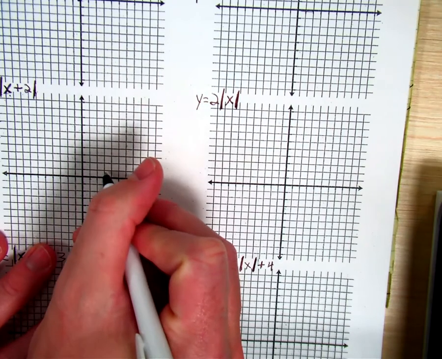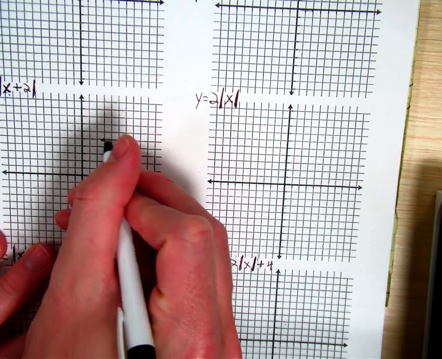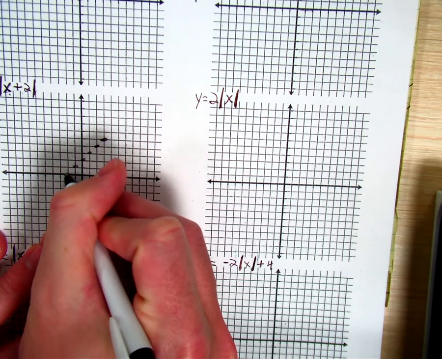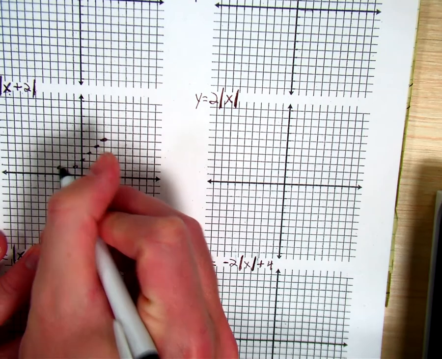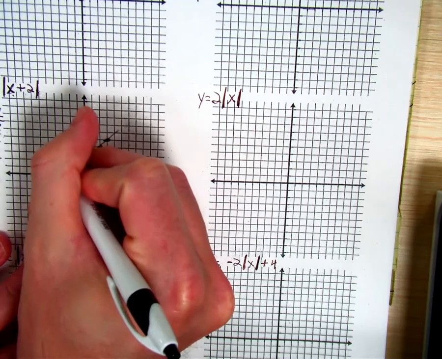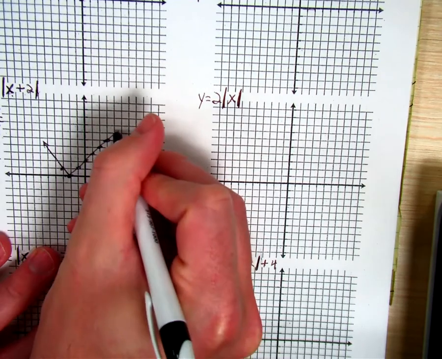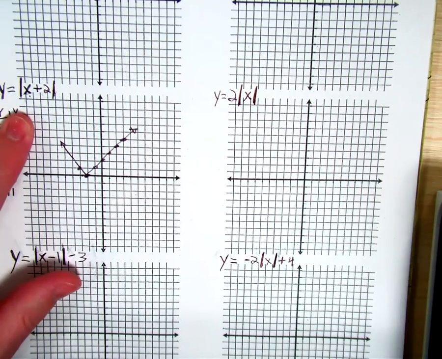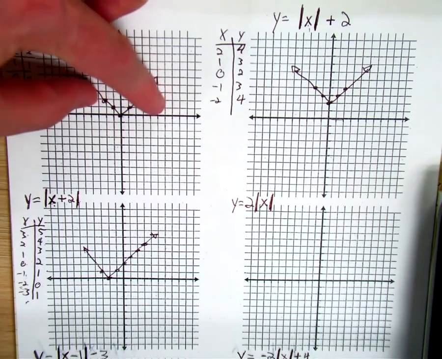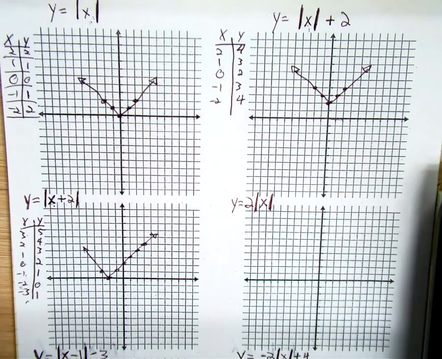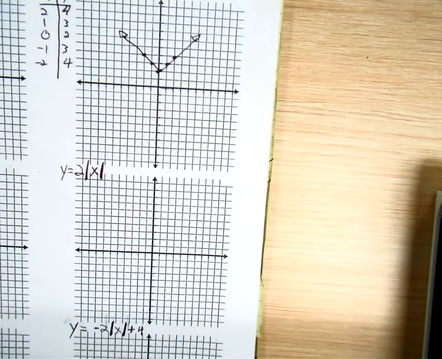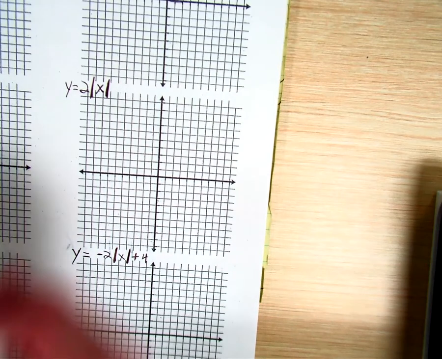So 3, 5, then 4, then 3, then 2, then 1. At negative 2 we had 0, and at negative 3 we finally flipped it back up, and we know it's going to keep going up that way. So a plus 2 inside there just took this and slid it 2 to the left. All right, what is a big times 2 in the front going to do?